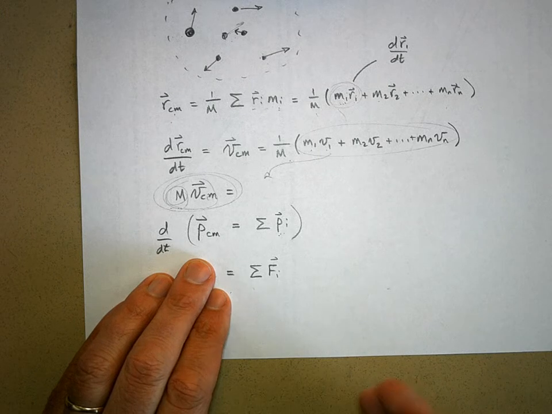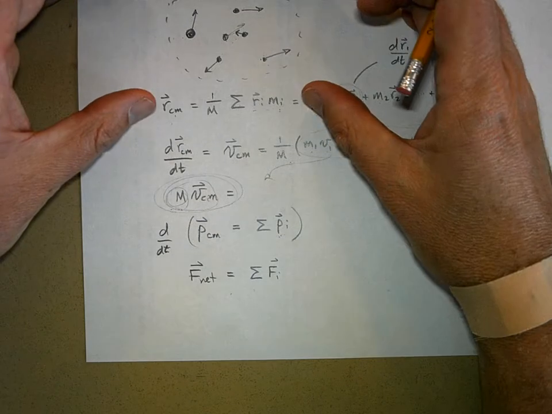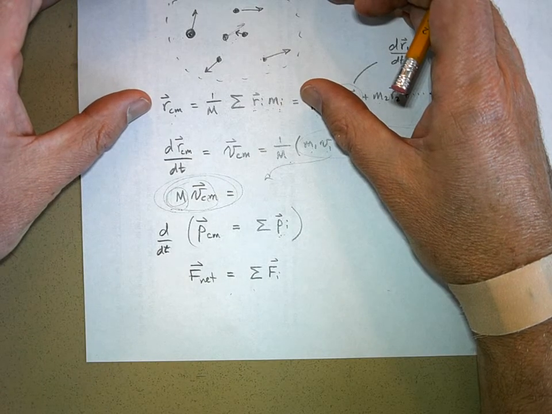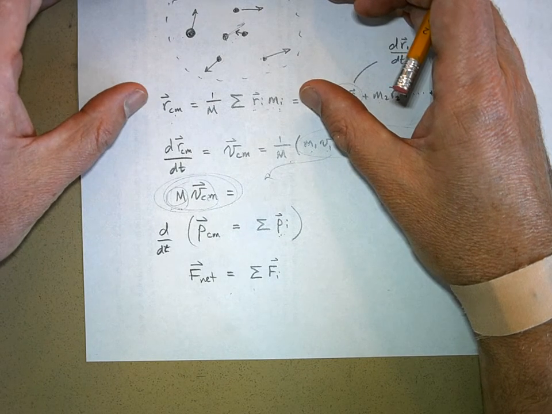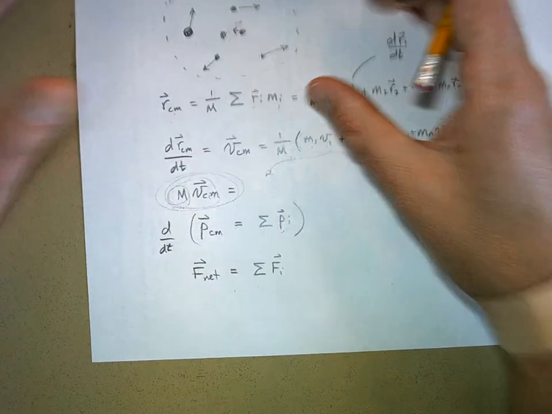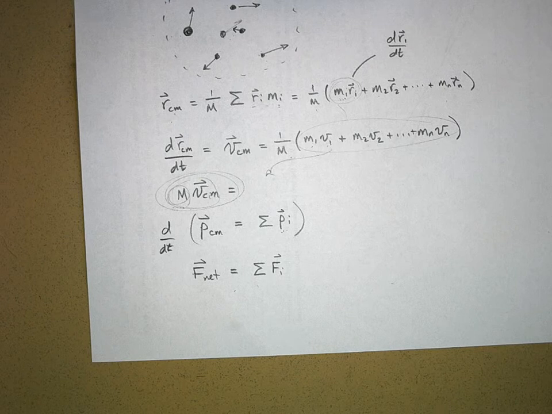Any constant. So what that's saying is that if there is no net outside force acting on my system of particles, the momentum of my system of particles will be constant. Okay? And we're doing the same thing that we did for individual particles. We're just saying that the momentum will be constant with time if there's no net outside force acting.